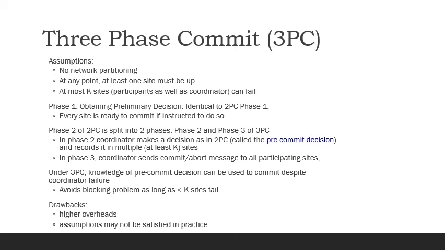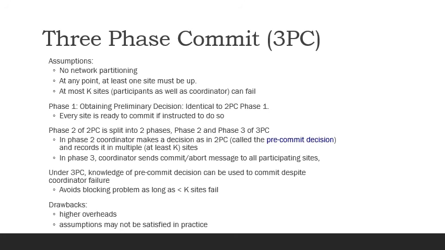Under these assumptions, the protocol avoids blocking by introducing an extra third phase where multiple sites are involved in the decision to commit. Instead of directly noting the commit decision in its persistent storage, the coordinator first ensures that at least k other sites know that it intended to commit the transaction.